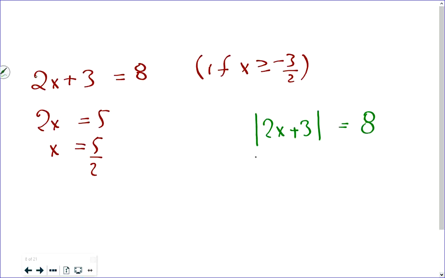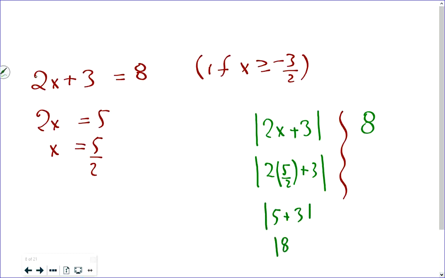So I'm going to put in 5/2 for x. The 2's cancel. I'm left with the absolute value of 5 plus 3, which is the absolute value of 8, which is 8. So it's a correct solution.